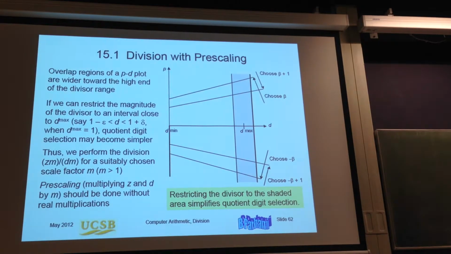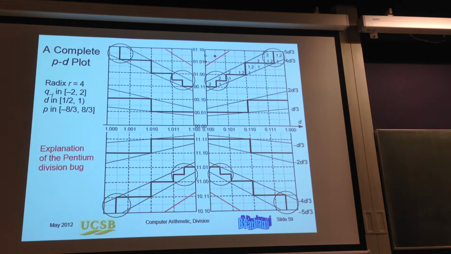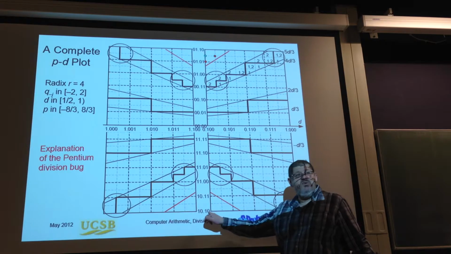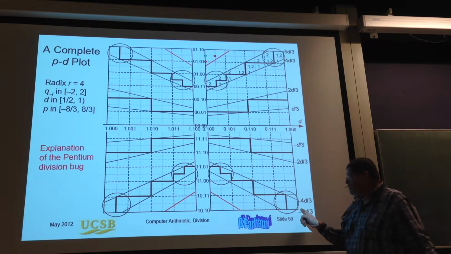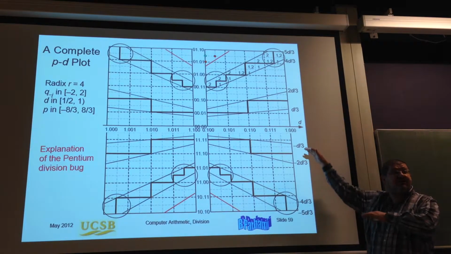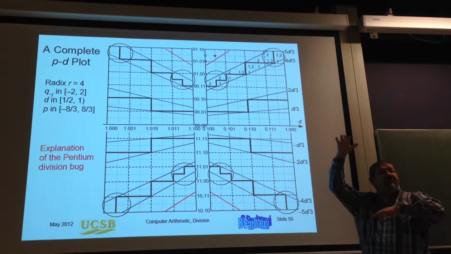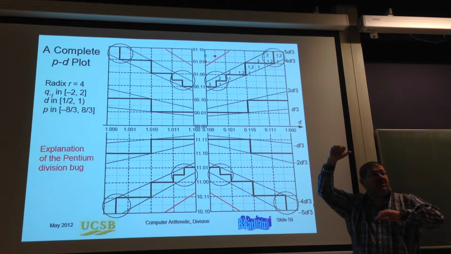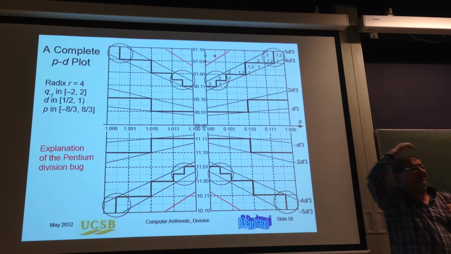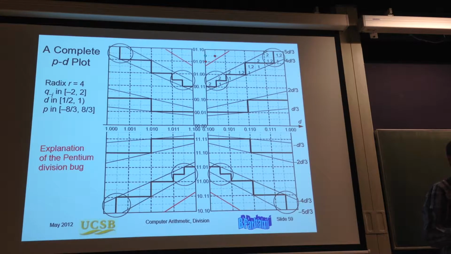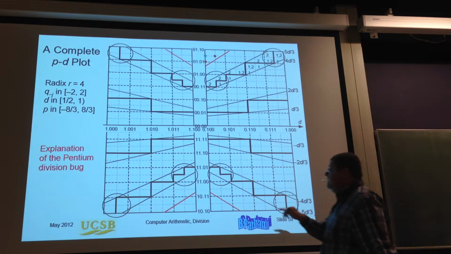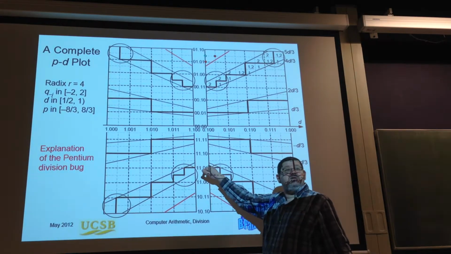If you look at the division diagram, what you see is that close to the minimum value, the lines are closer, and when I get towards the maximum value, the lines are farther away. Now, somebody came with a brilliant idea and said the decision in the general case is actually determined by the closest line here.